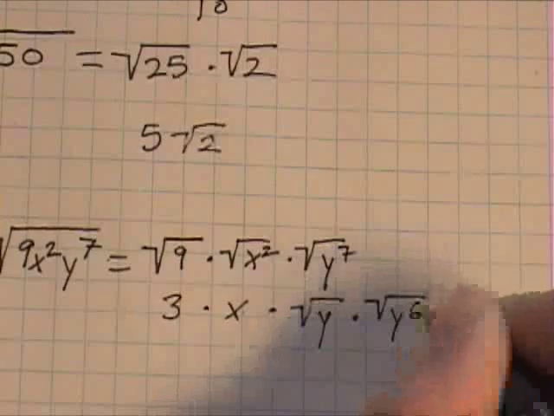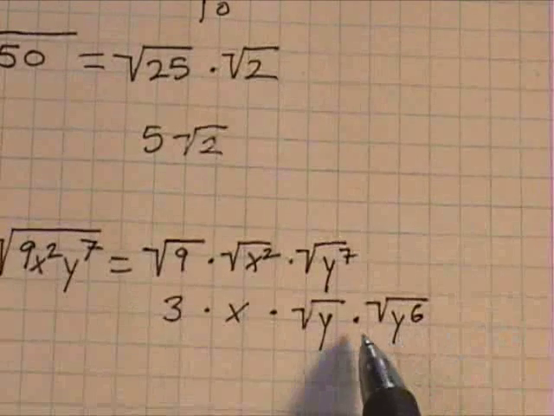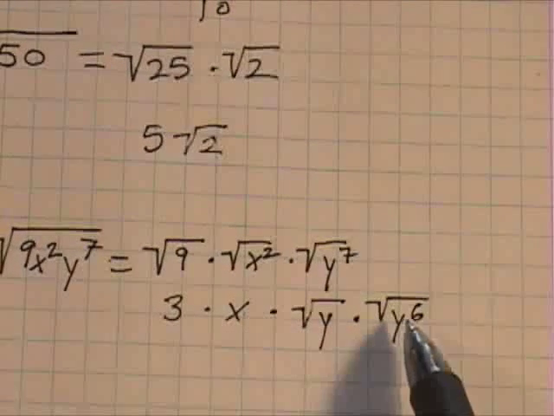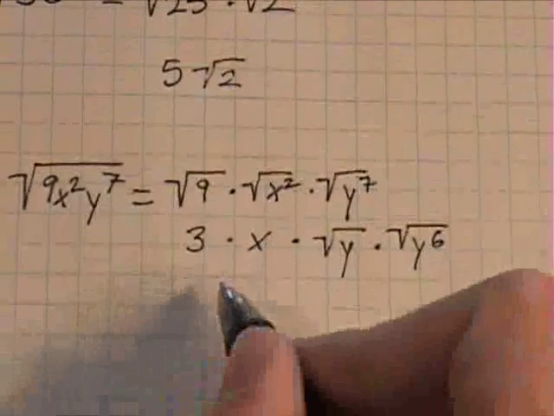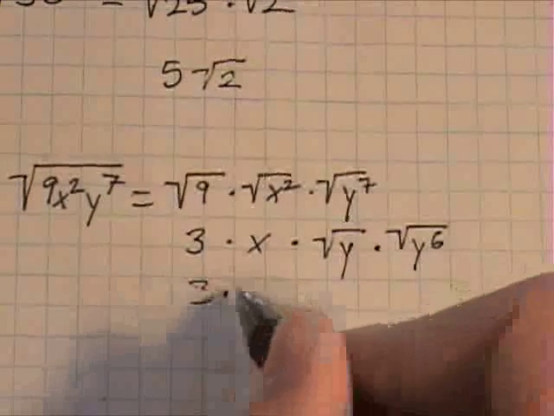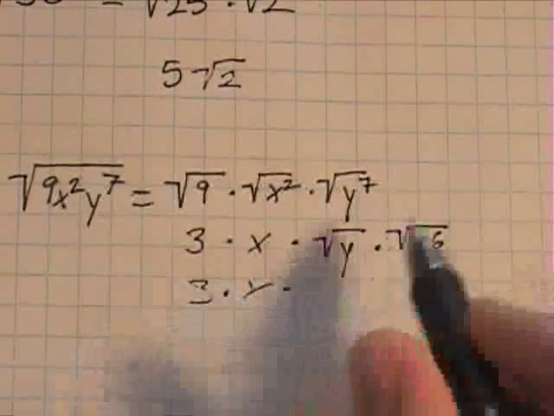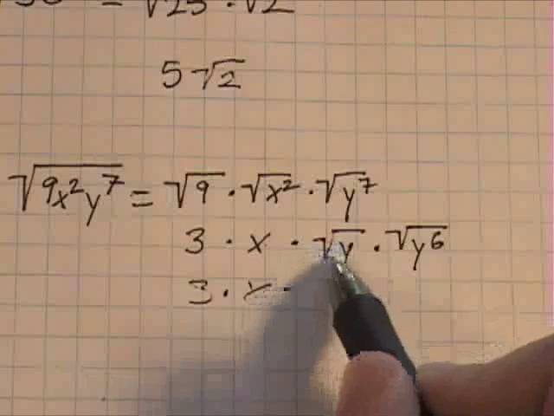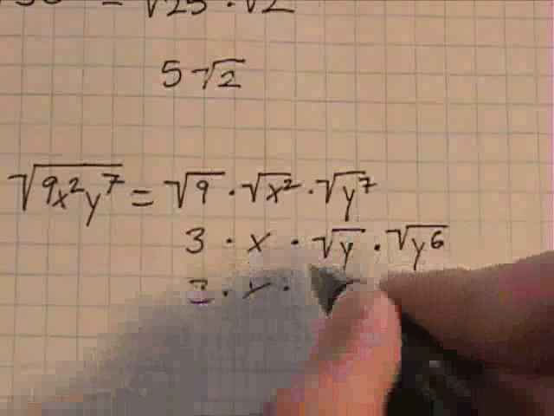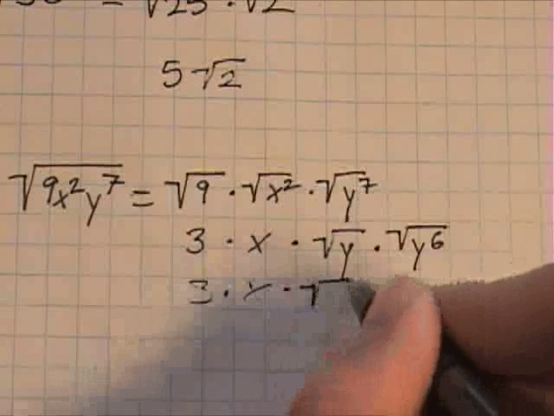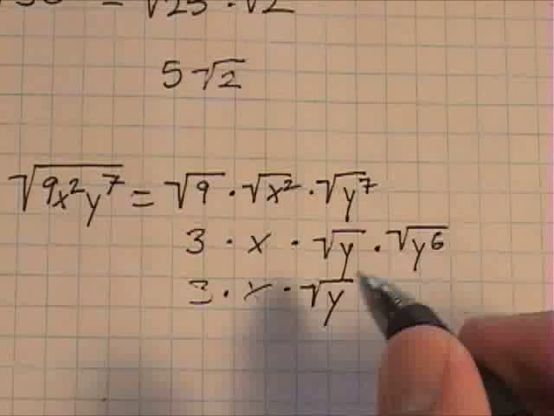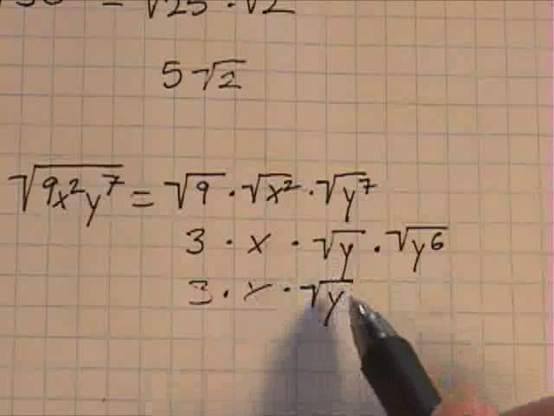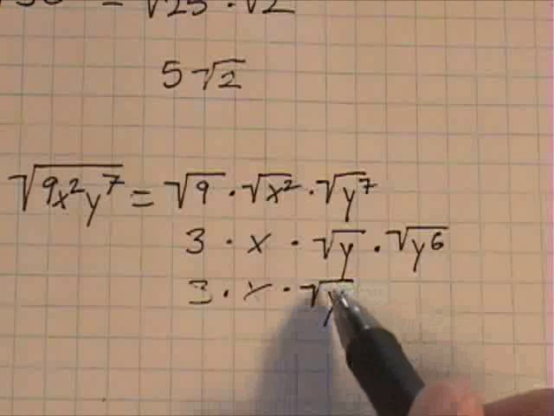So you're left with y to the 6th power. Now will this be fine? We already know these ones are fine. Does this one have a perfect square? No, it does not.